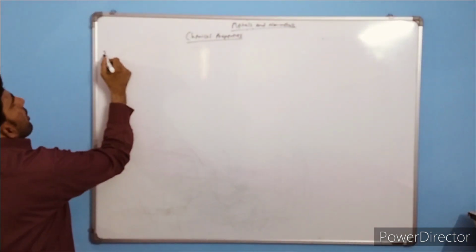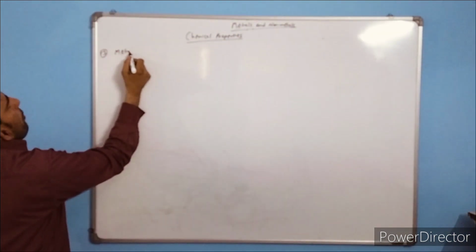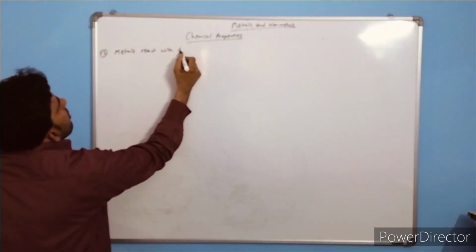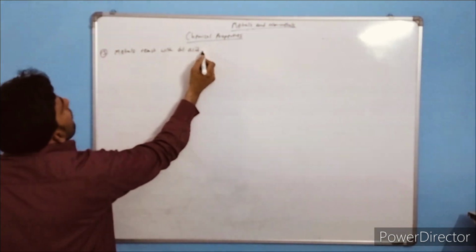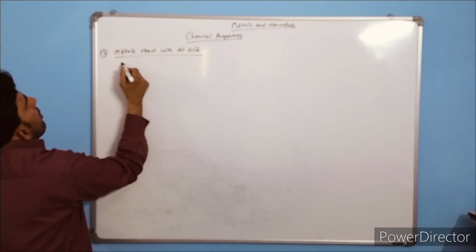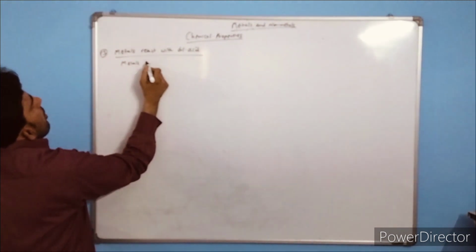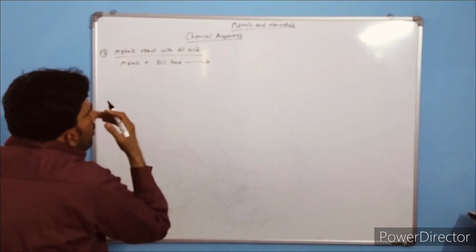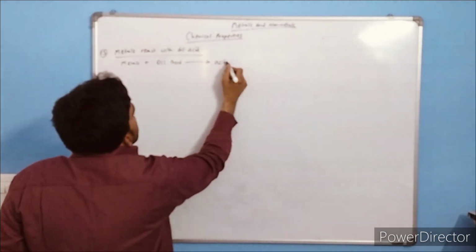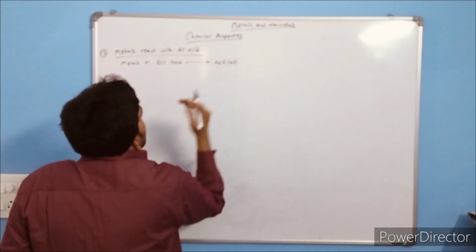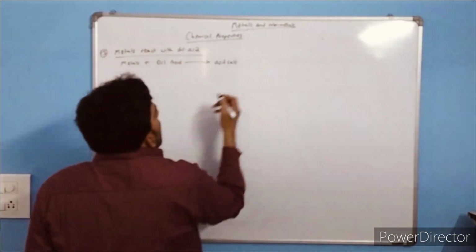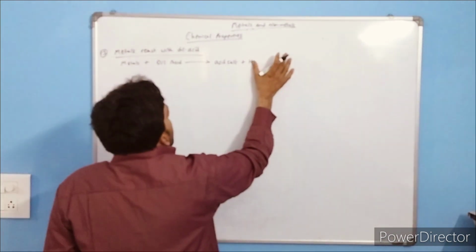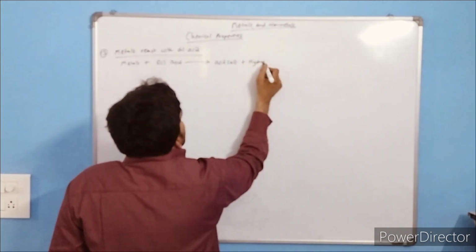When metals react with dilute acid, they form an acid salt, plus here you get hydrogen gas. Okay, so I can write here I get hydrogen gas.